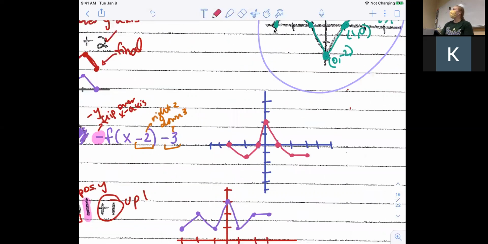All right, when I flip the x's, I got something like this. Remember, we're all sketching, so it's a little bit off. We don't have any lines or grids, so yours may be closer together or farther apart. And then now I'm going to take all of those pink points and move them right 2 and then down 3.